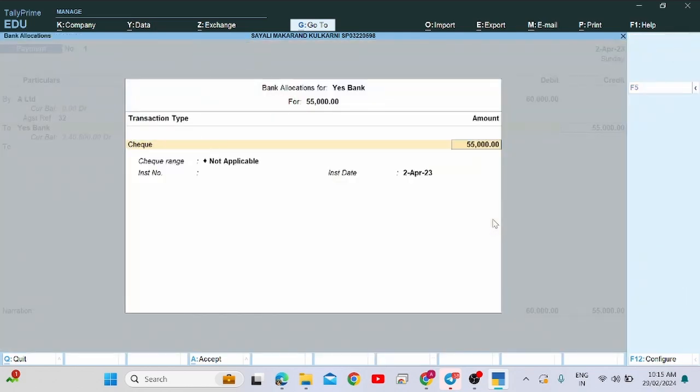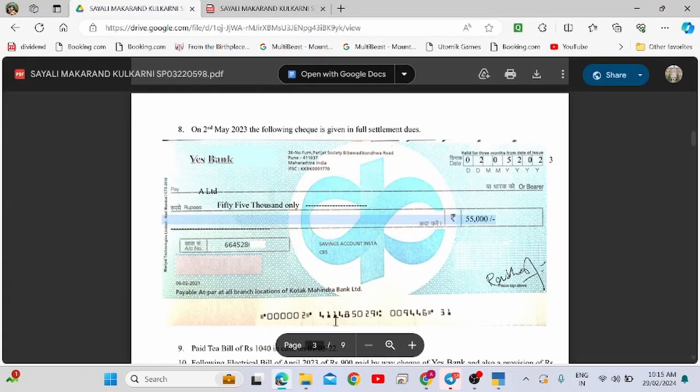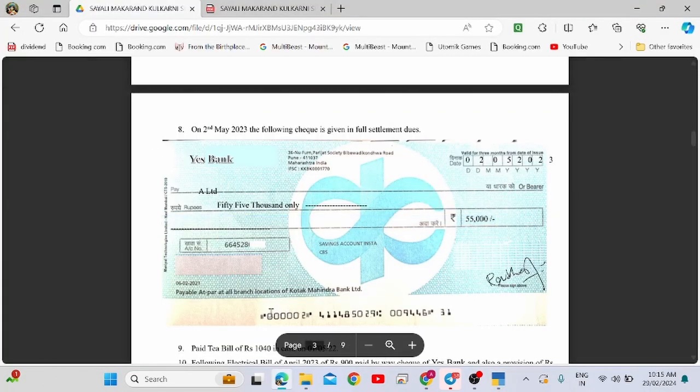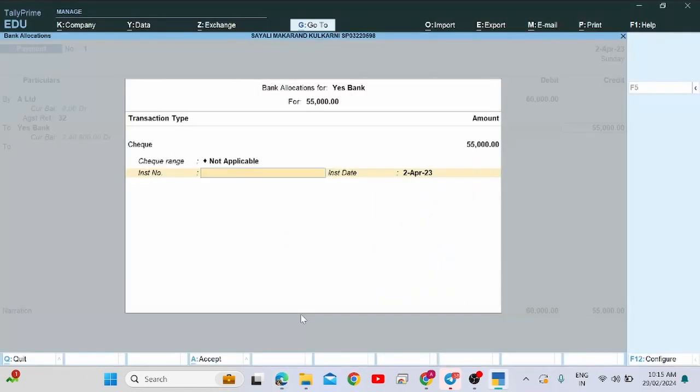Do you have the check number? On the bottom part of your check you will get the check number, 5 0 2 1 2 3 4 5. If you want to write it, otherwise forget it.